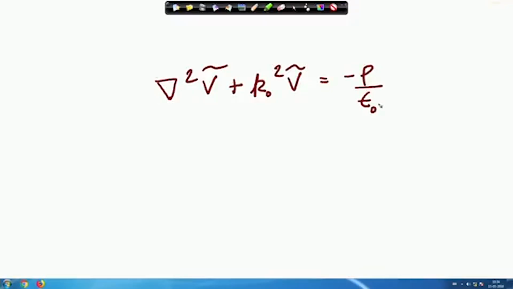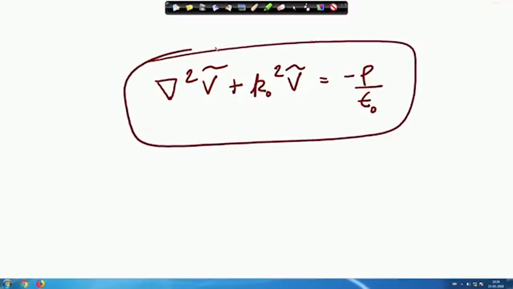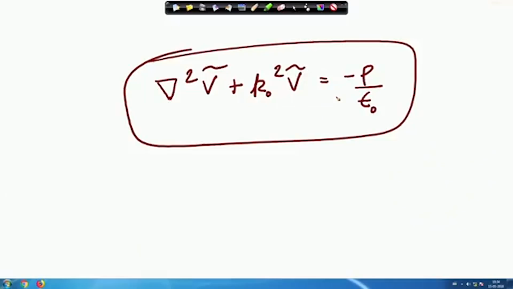So, you can solve this. This is also a wave equation, and from here also you can find V, and you can argue that this is a simpler equation, because V is a scalar quantity. So, I can find it, but the problem is finding rho.